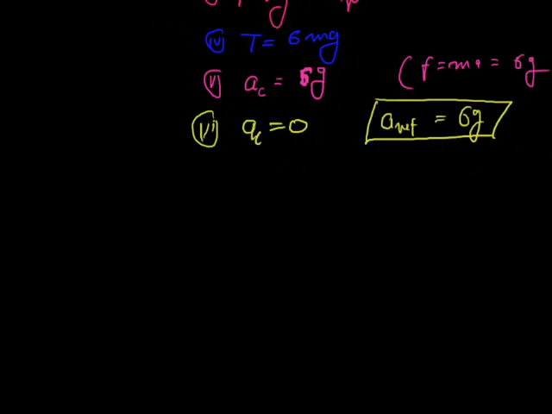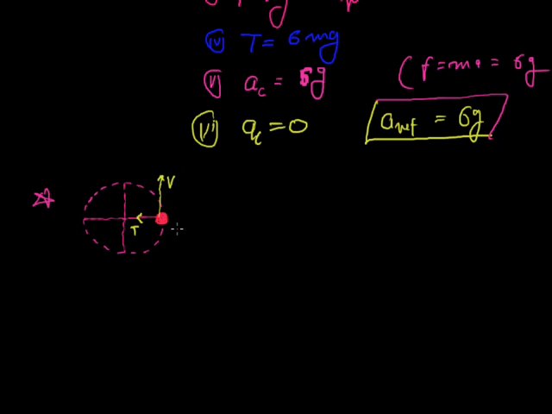In second case, body is at the horizontal, that is, at the diameter. Velocity vector is in upward direction.